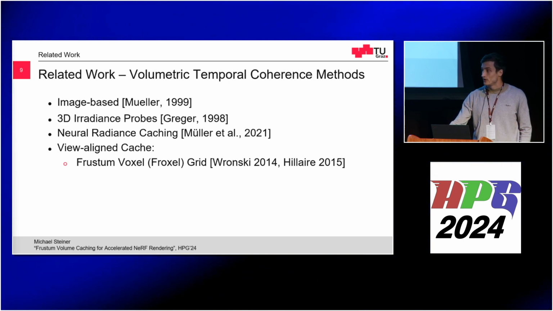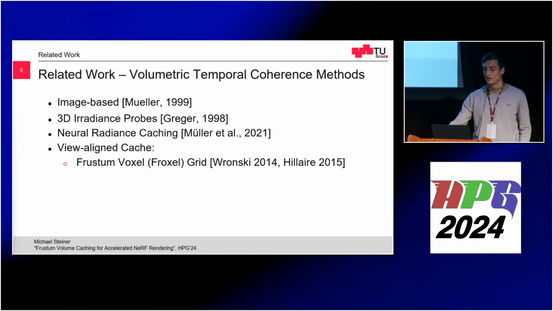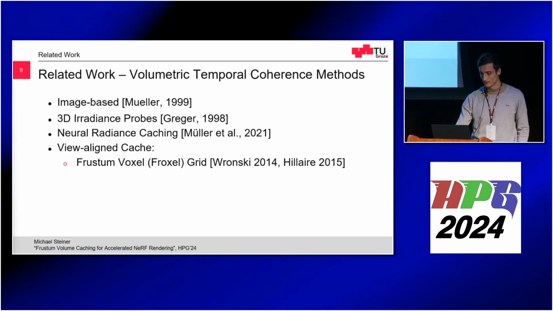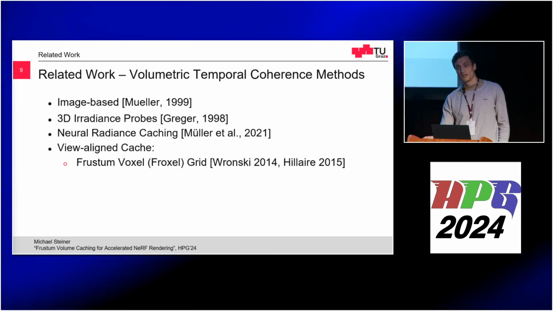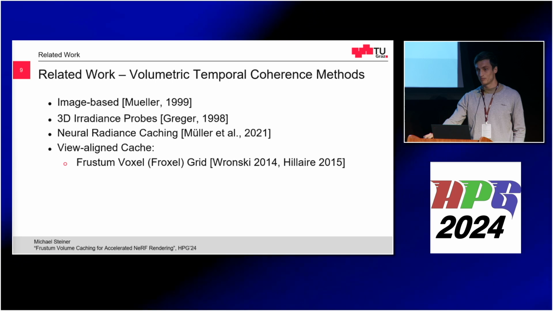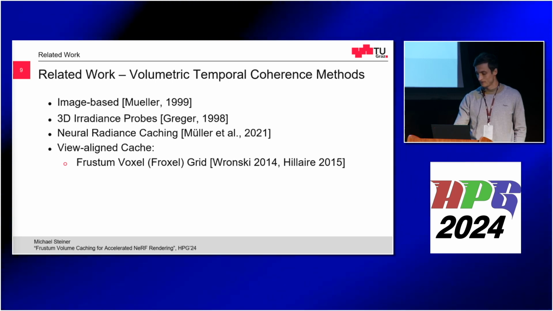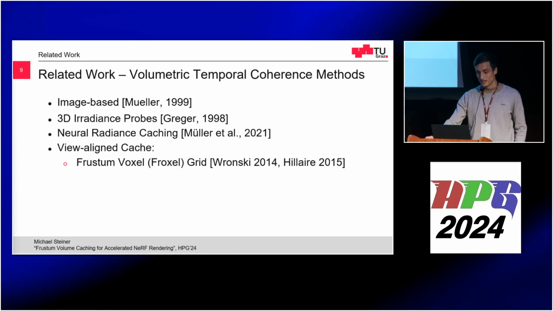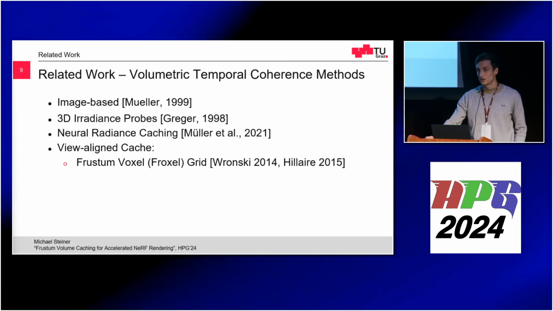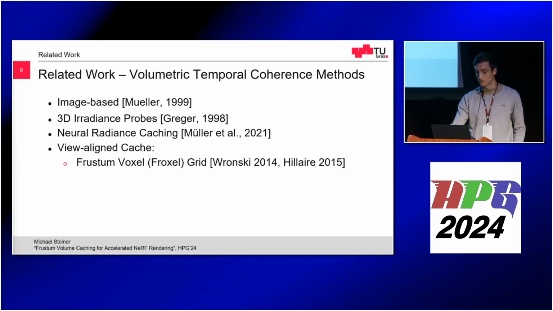Some other related work is in the field of temporal coherence methods, more specifically volumetric ones. Image-based techniques rendered layered images, which could then be efficiently rendered using image-based rendering techniques. 3D irradiance probes were used to cache 3D irradiance in world space.